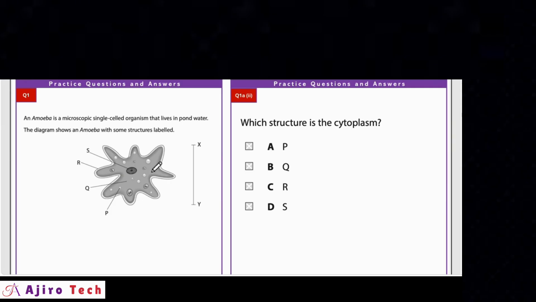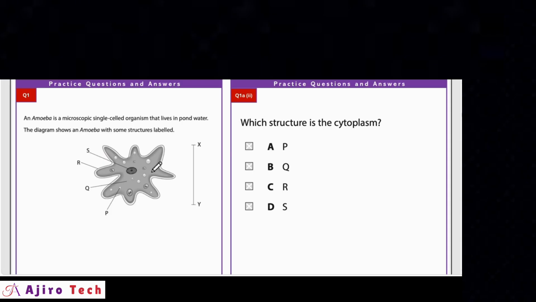In fact, in animals, the flowing of cytoplasm results in movement. Yes, we know that amoeba moves with a specialized structure called pseudopodia. Pseudopodia is used by amoeba to move.